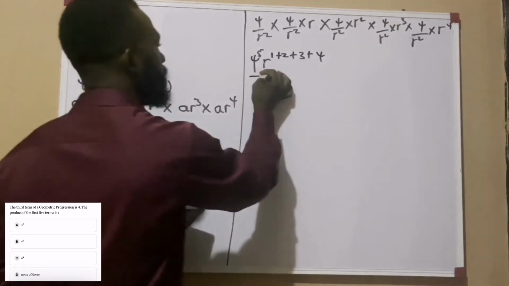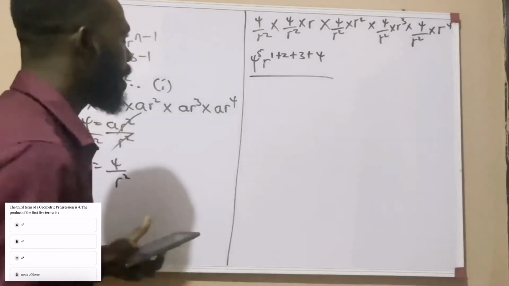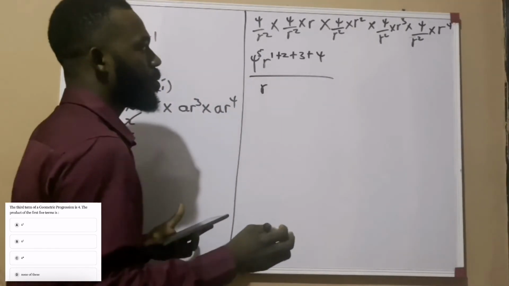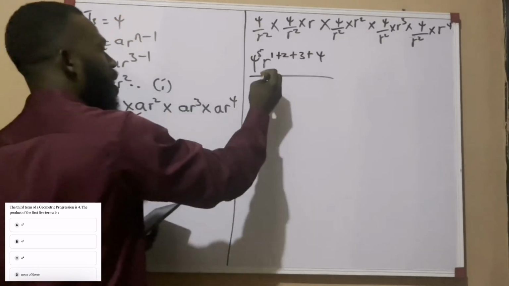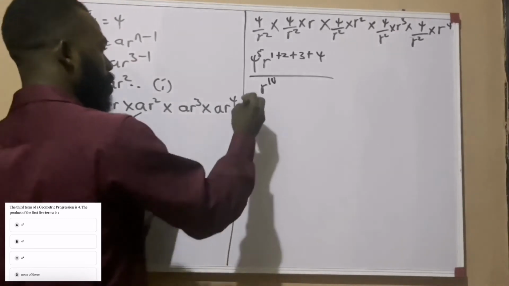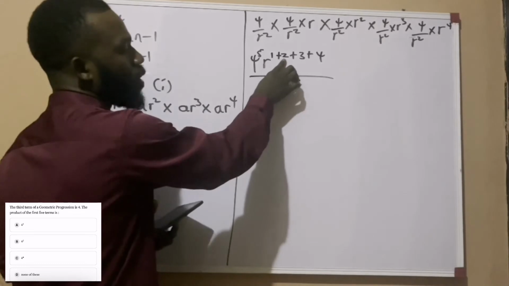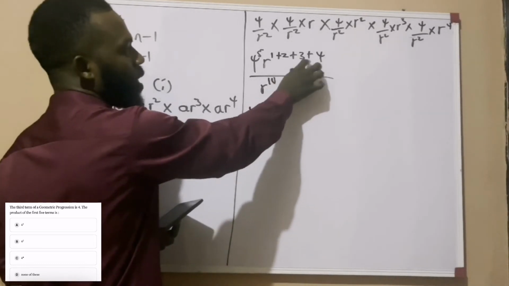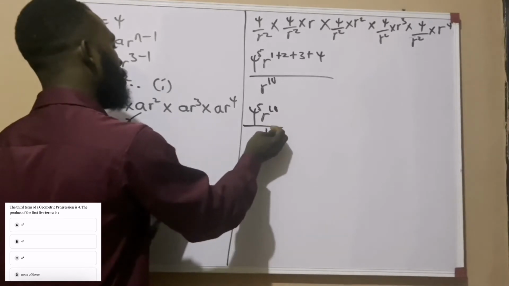Now all over, again all the bases here are the same, R, so again I'll pick one of the bases, R, and then 2 plus 2 plus 2 plus 2 plus 2, and that will give us R raised to the power of 10. So now here becomes 4 raised to the power of 5, R, 1 plus 2 gives us 3, 3 plus 3 gives us 6, and 6 plus 4 gives us 10, all over R raised to the power 10.